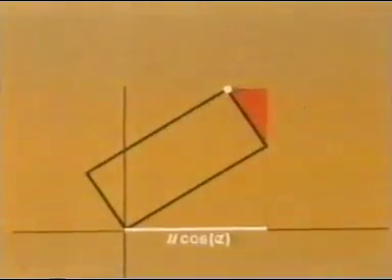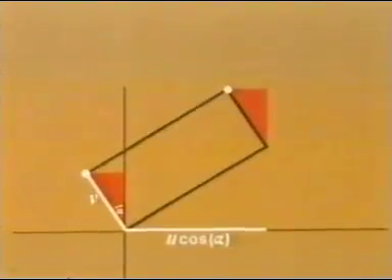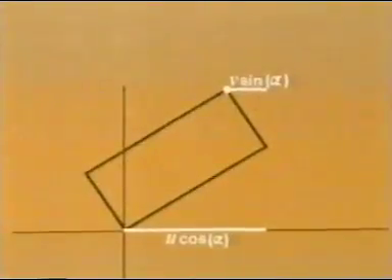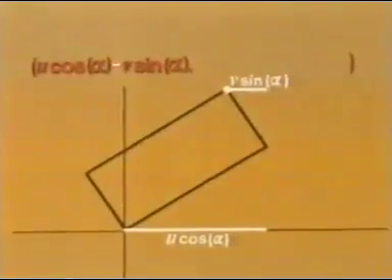Here's the triangle. It's the same as the other one. The opposite side is v times sine of alpha. This time, we have to subtract. We get u times cos of alpha minus v times sine of alpha.